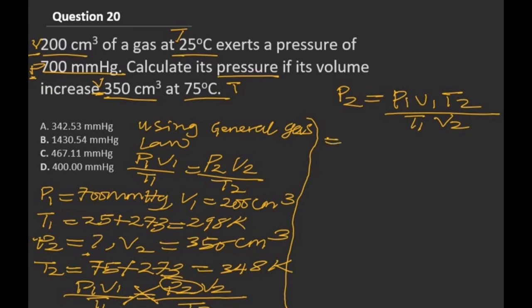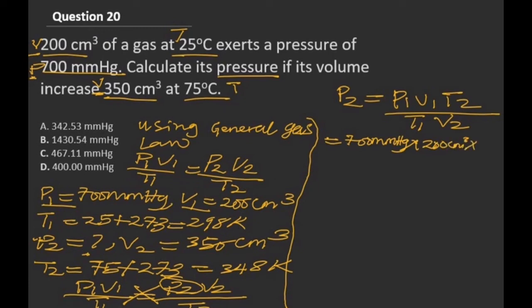Our P1 is 700 millimeter mercury. Our V1 is 200, so we multiply by 200 cm cube.